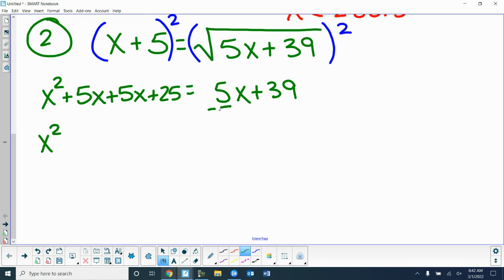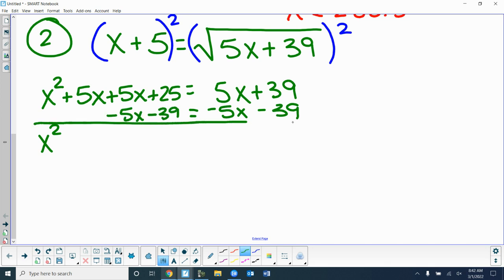So I'm going to subtract 5x and 39 to get my 0. All right, what happens to these two 5x's? They cancel, right? So I only have one 5x and 25 minus 39 is a negative 14.